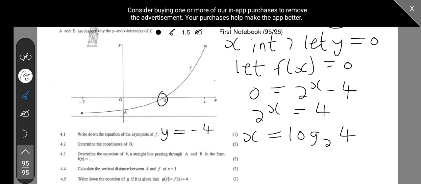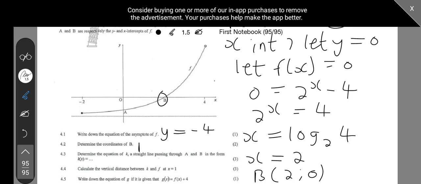If we do that correctly, we get that x equals 2. Because they want coordinates, the x value of the coordinates of B is 2, but the y value is 0. So B is (2; 0).